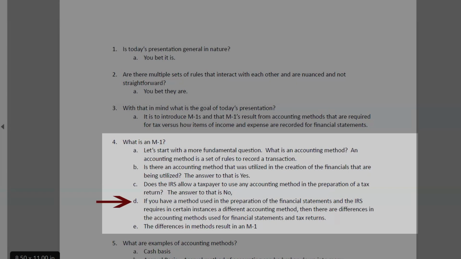If you have a method used in preparation of financial statements and the IRS requires in certain instances a different accounting method, then there are differences in the accounting methods used for financial statements and tax returns. The difference in methods results in an M1.